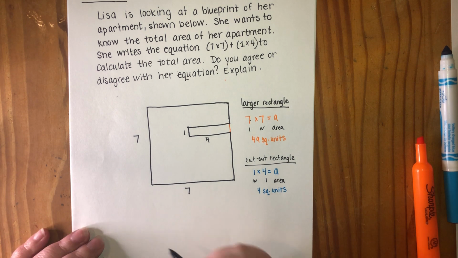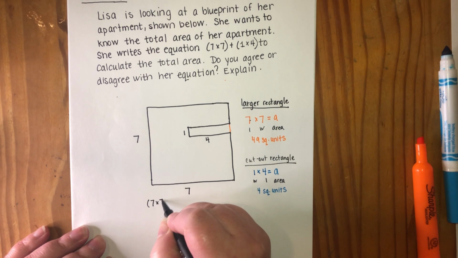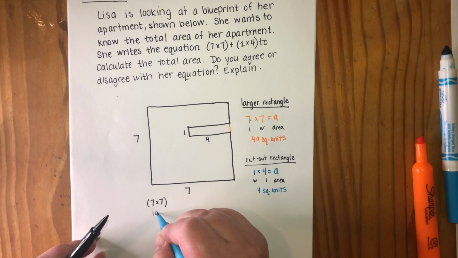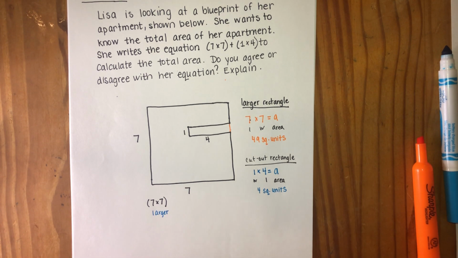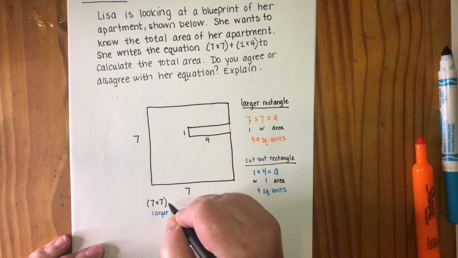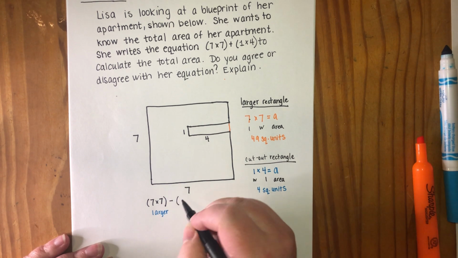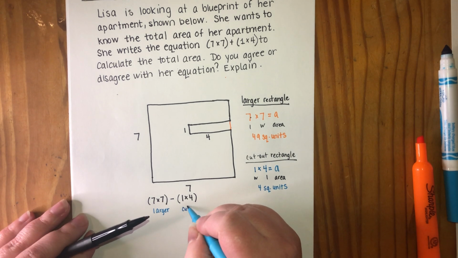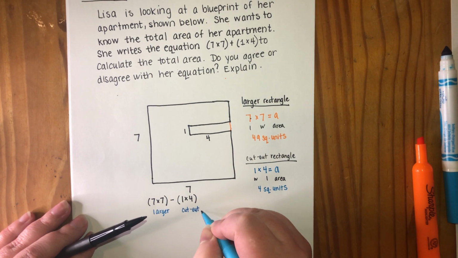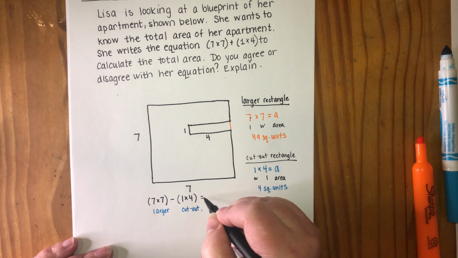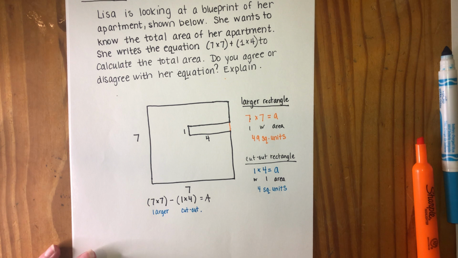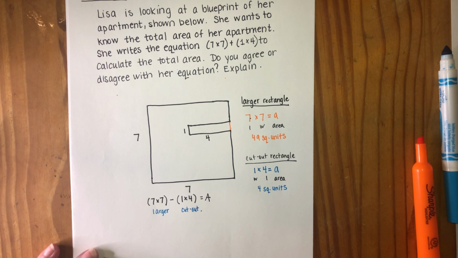Yes, we could write 7 times 7, which represents the area of the larger rectangle, and subtract 1 times 4, which represents the cutout, equals A. Do you agree with Lisa's equation? Explain your reasoning out loud.